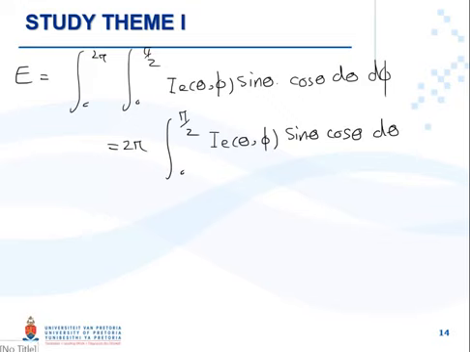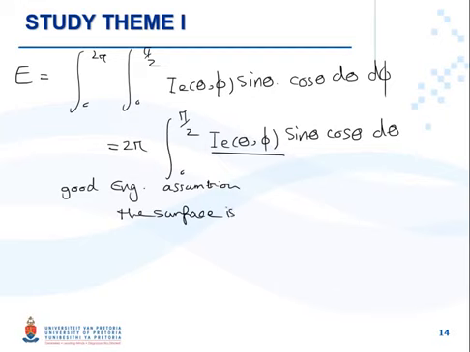In general, the intensity of radiation emitted by a surface varies with direction, but many surfaces in practice can be approximated as being diffuse. Okay, so a good engineering assumption: the surface is diffuse.